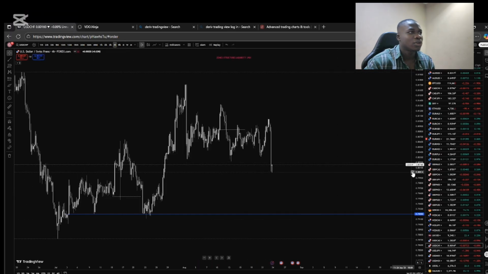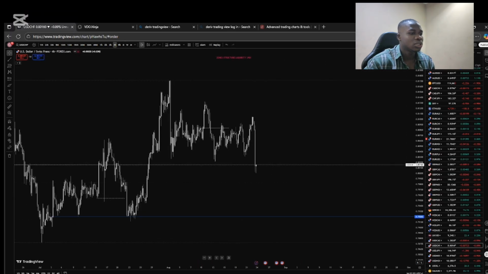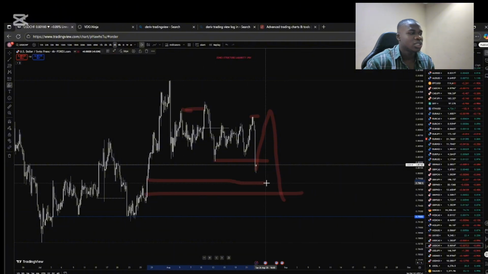On AUD CHF, we are seeing this sweep, this break, and we'll be taking this place as structure. So we're expecting price to come do something like this. Then we can probably be targeting this imbalance right here as our take profit zone, or we can easily be targeting this low right here.